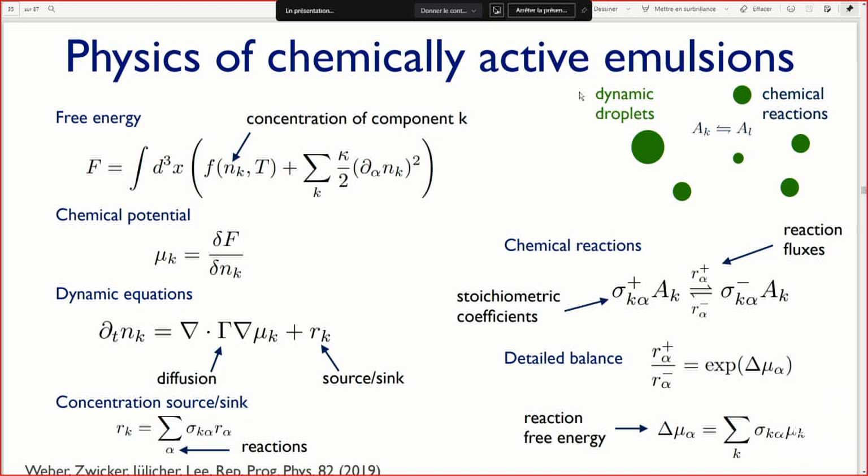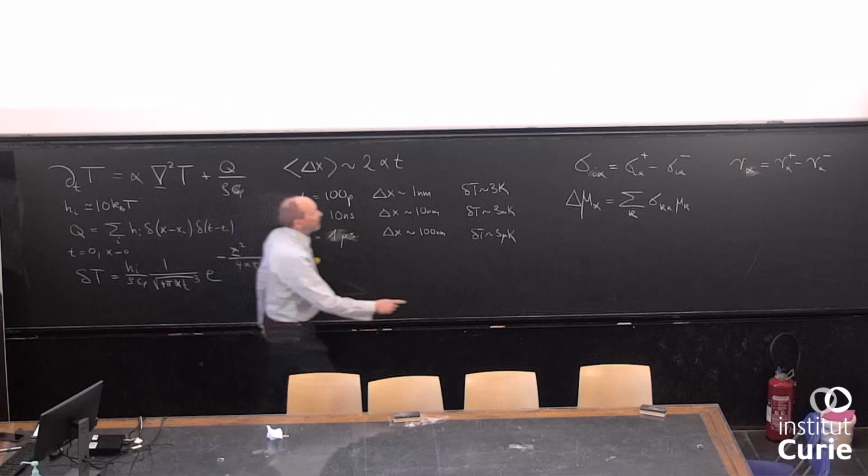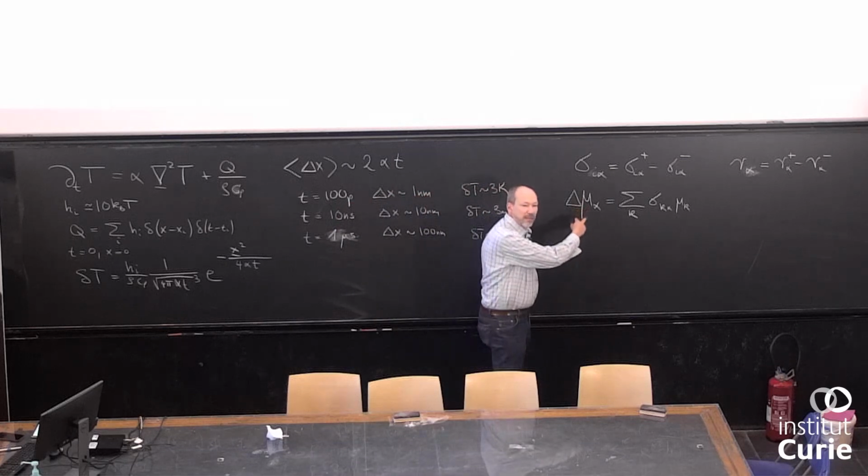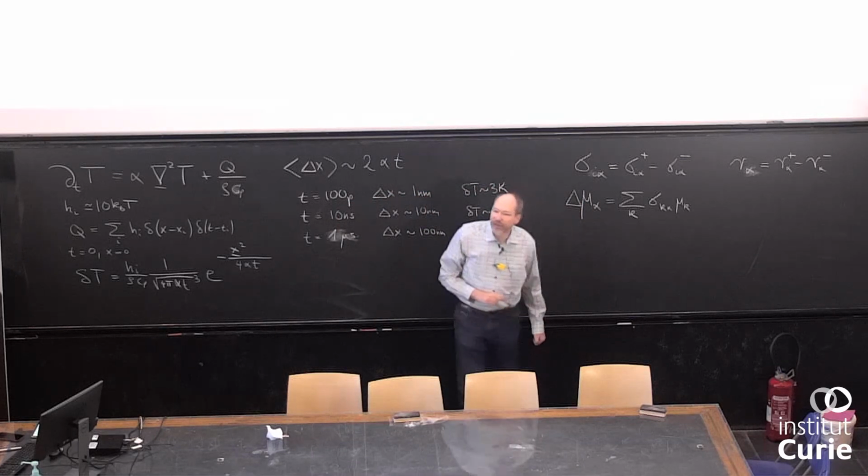And now thermodynamics sets conditions on these chemical rates. At chemical equilibrium, the forward and backward rates are equal, and there's no net rate. And chemical equilibrium means that delta mu alpha is 0, that there is no net chemical free energy change during a reaction event.